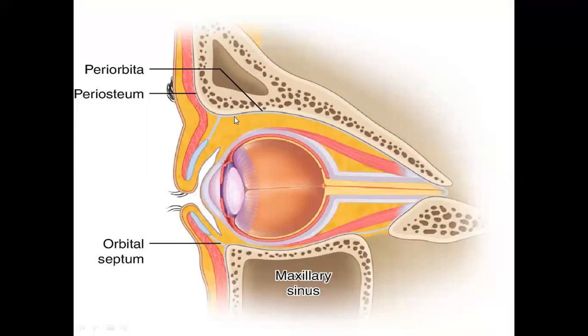This periorbita or the orbital fascia is posteriorly continuous with the dura mater, and anteriorly it continues with the periosteum lining over the orbital margin. And near the periosteum, it has a gap over the inferior orbital fissure, and that is closed by a smooth muscle called the orbitalis muscle.